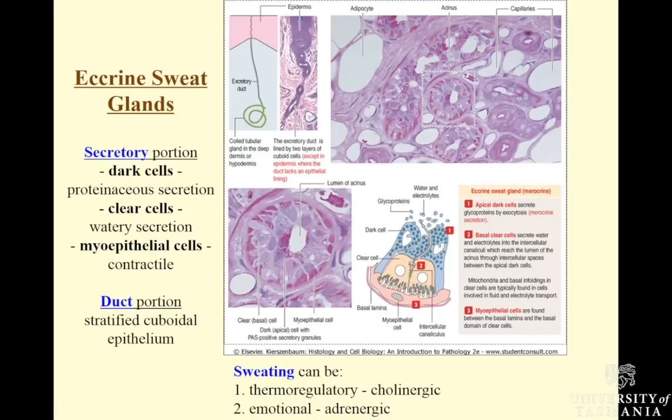So you know when you get anxious, that adrenaline pumps through your system, the adrenaline binds to these receptors on these cells, and that causes them to release sweat. Whereas thermoregulatory sweating is controlled internally. Your body detects a high temperature. It stimulates the autonomic nervous system to release acetylcholine that binds to these receptors, cholinergic receptors in these cells, and they release sweat in response.